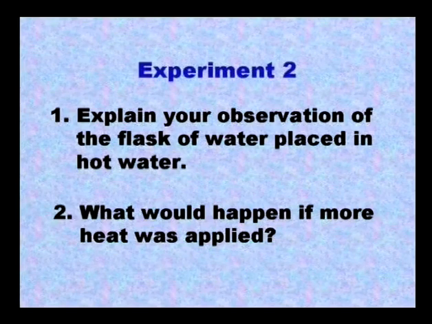Our first question is for you to explain your observation of the flask of water placed... Actually, we used a test tube instead of a flask because the flask is too big. So we used a test tube and put it in a beaker of hot water.